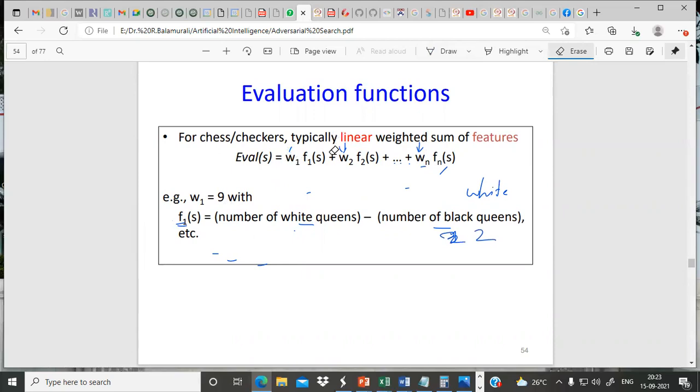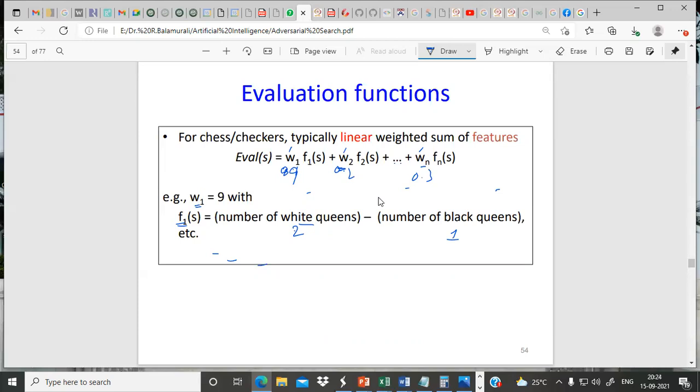Initially we don't know the weights, so we apply some random weights, maybe 0.1, 0.2, like that. Then we check. Say here we assume w1 equal to 9, and with those weights we calculate. If two queens are here and only one queen there, what is the weight now?